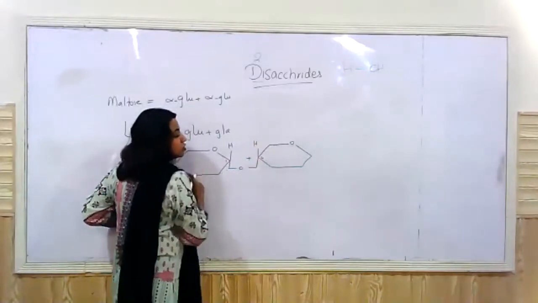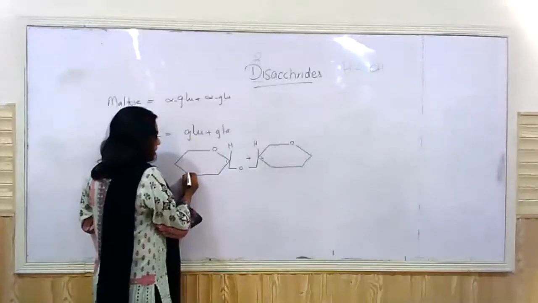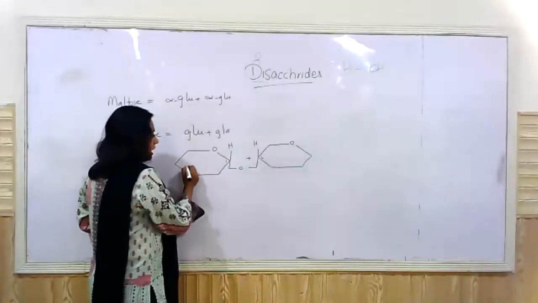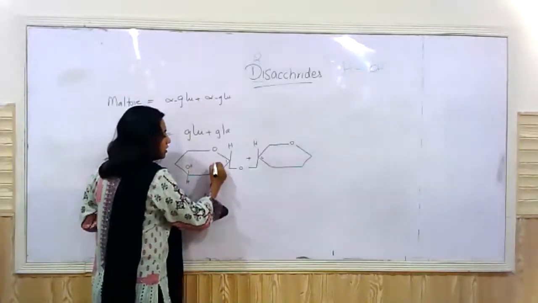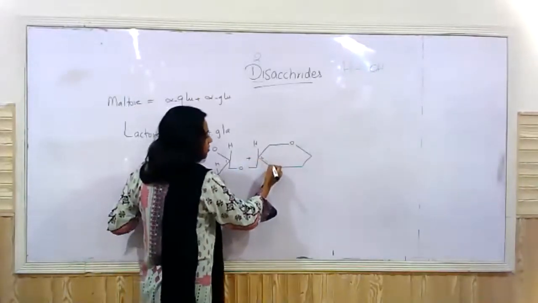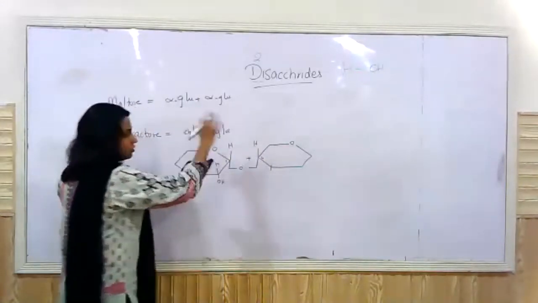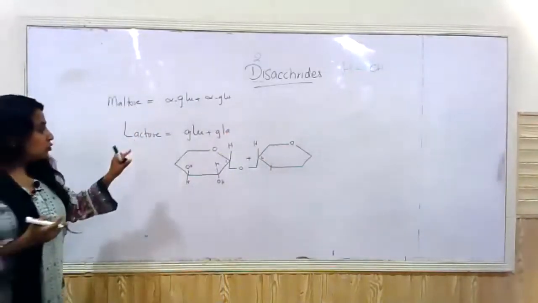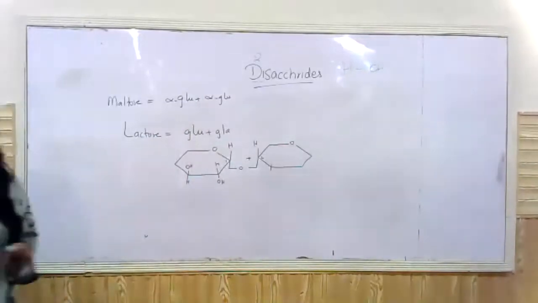An oxygen bridge in between, right? The only difference was here, carbon number 3 only had OH inward and H outward. This one had OH here and H here. Here, carbon number 3 and 4 both have the same property, right? So this is how the reaction takes place. Practically, it looks just like maltose. The difference occurs where?